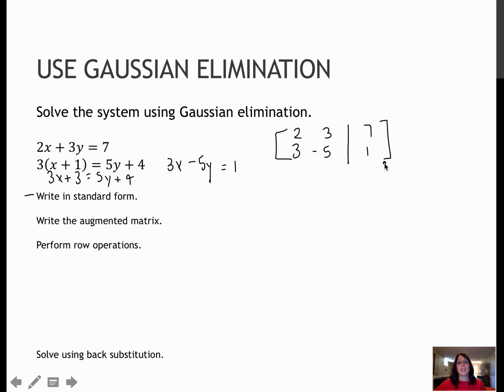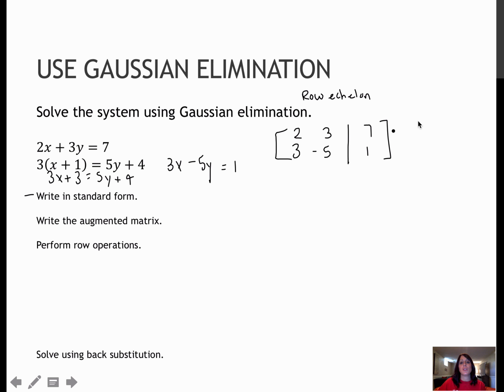Keep in mind that my job is to write this in row echelon form. Remember, row echelon form means that my first term here will be a 1 and below it will be zeros. This term we would want to be a 1 also. So I'm going to do some row operations to make that happen.